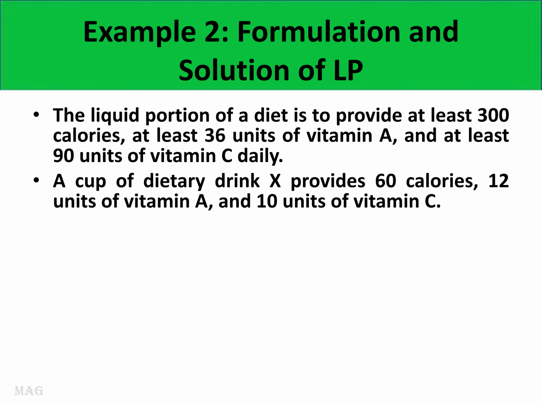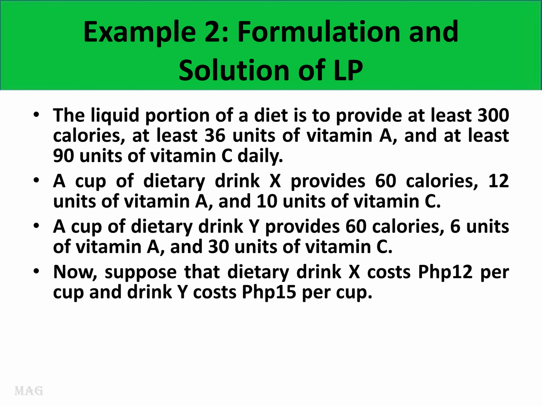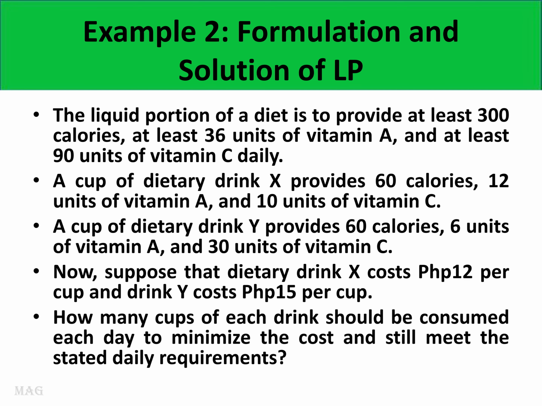A cup of dietary drink X provides 60 calories, 12 units of vitamin A, and 10 units of vitamin C. A cup of dietary drink Y provides 60 calories, 6 units of vitamin A, and 30 units of vitamin C. Now suppose that dietary drink X costs 12 pesos per cup and drink Y costs 15 pesos per cup. How many cups of each drink should be consumed each day to minimize the cost and still meet the stated daily requirements?